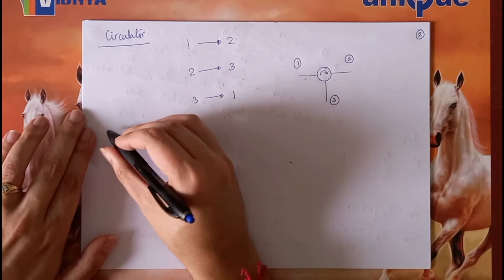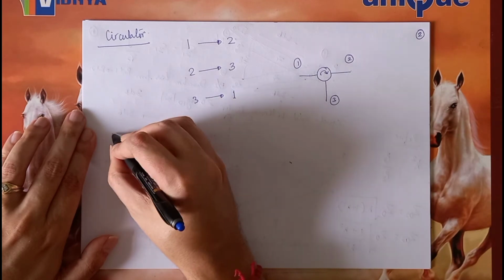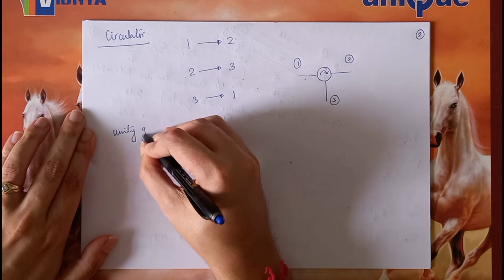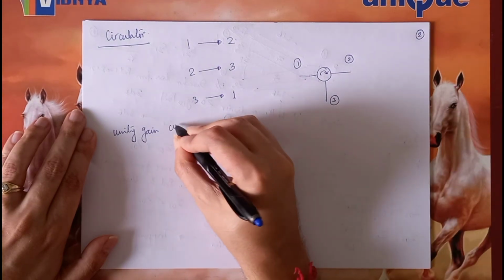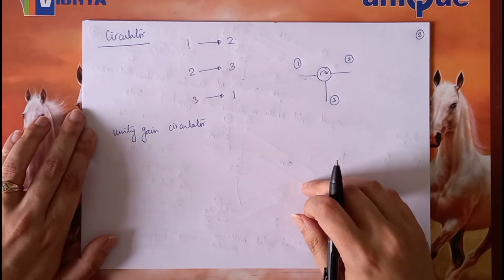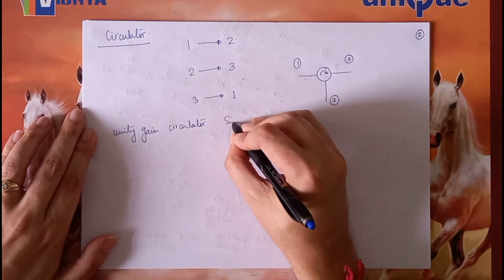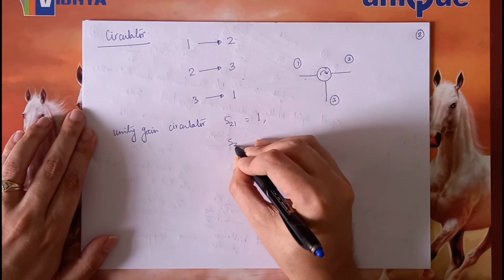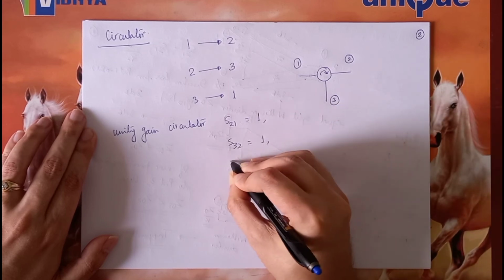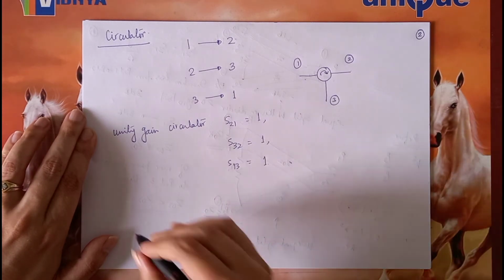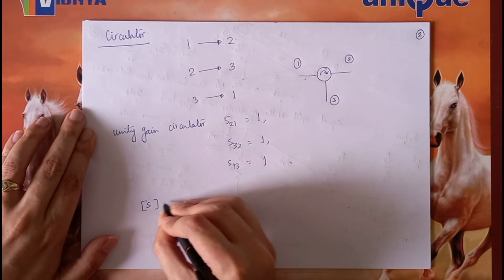If you have a unity gain circulator, we can very easily write its transmission coefficients. S21 is 1, S32 is 1, and S13 is also 1. So therefore its S parameter matrix would look something like this.